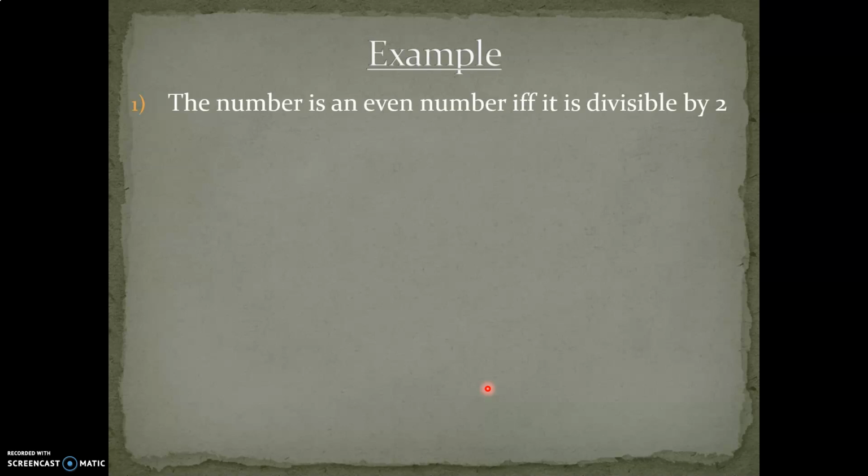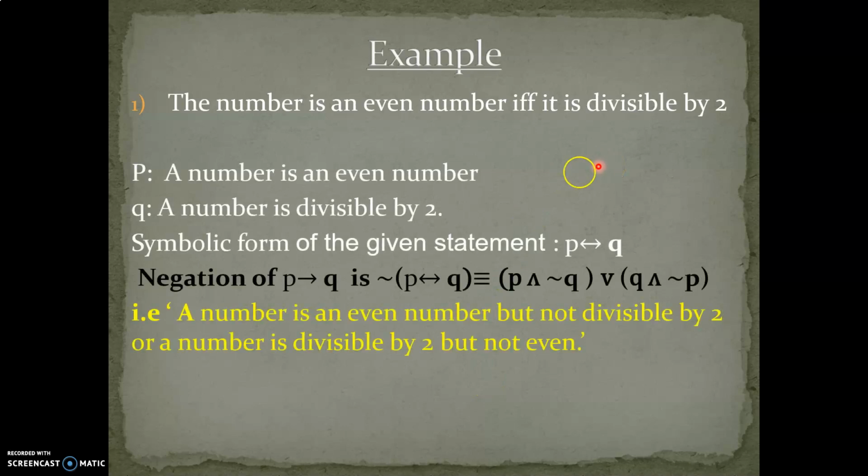Now an example. The number is an even number if and only if it is divisible by 2. Again, we will split this into P and Q. P: a number is an even number. Q: the number is divisible by 2. Now, the symbolic form of the given statement is P if and only if Q. After applying this rule, we have to just write this.